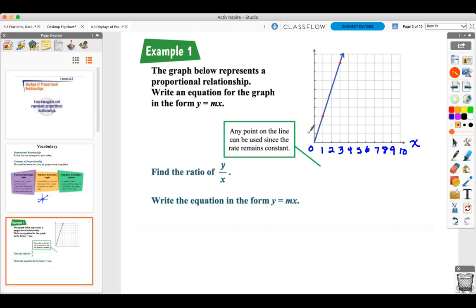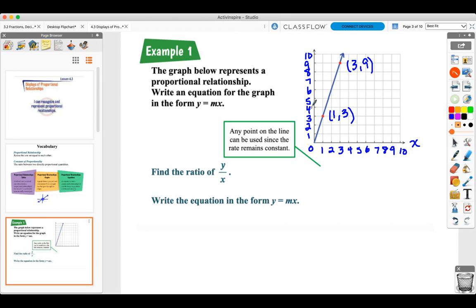So it'd be 1, 2, 3, 4, 5, 6, 7, 8, 9, 10. And now let's find the xy point. The x always goes first, so the point is going to be 1, 3. And the point over here is going to be 3, 9.